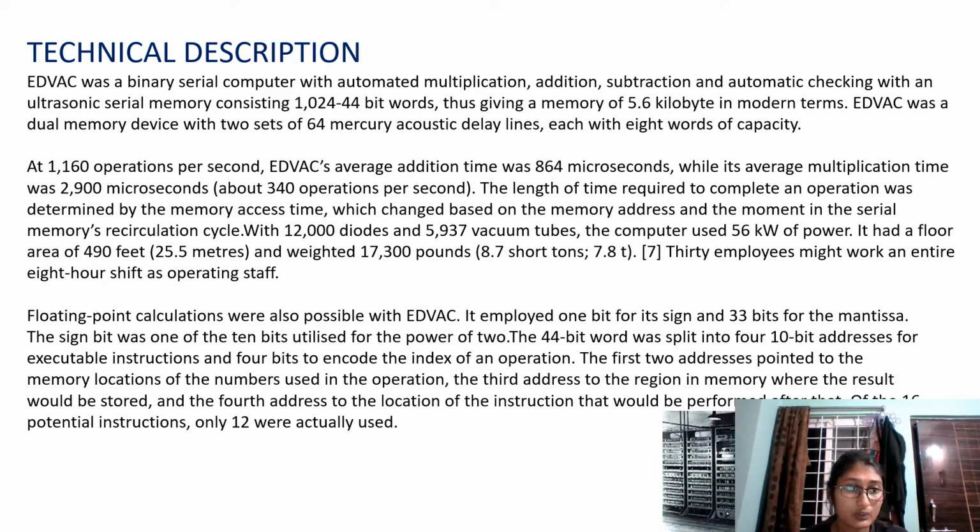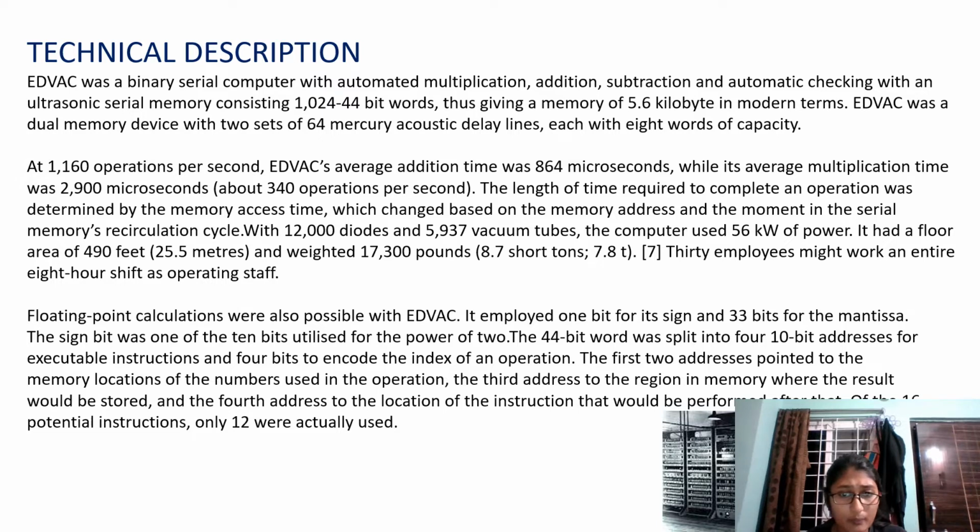Floating point calculation was also possible in EDVAC. It employed 1 bit for its sign and 33 bits for the mantissa. The sign bit was one of the bits utilized for the power of 2. The 44th bit was split into four 10-bit addresses for the executable instruction and 4 bits to encode the operation.